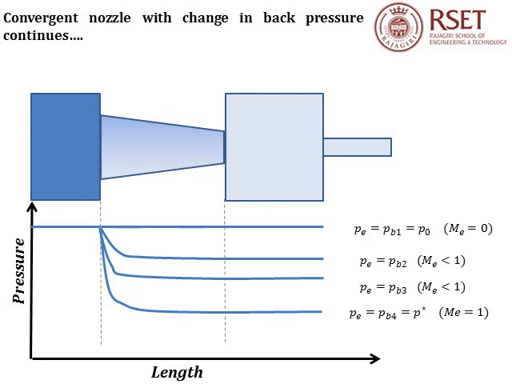And also the value of PE is equal to PB. So we can write PE is equal to P star is equal to PB4, where PB4 is the back pressure value set inside the settling chamber that resulted in the flow to be accelerated such that the Mach number becomes unity at the exit of the nozzle.